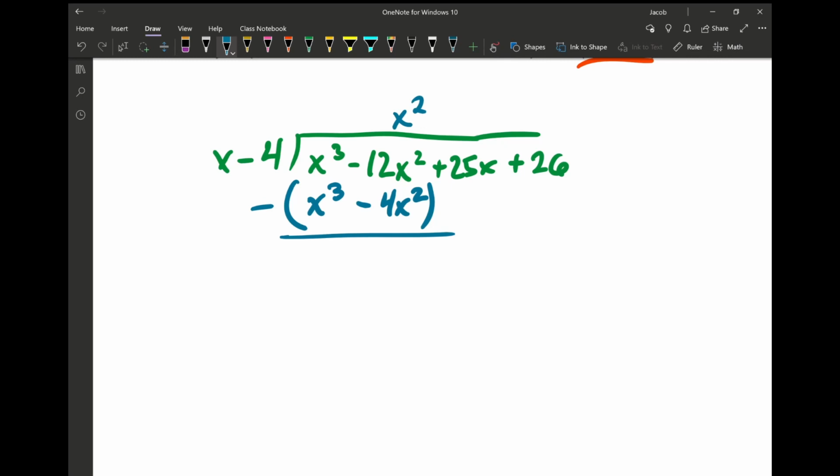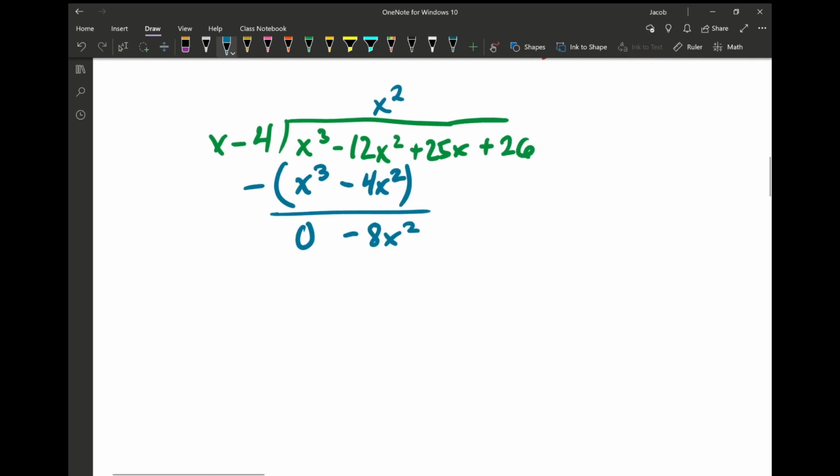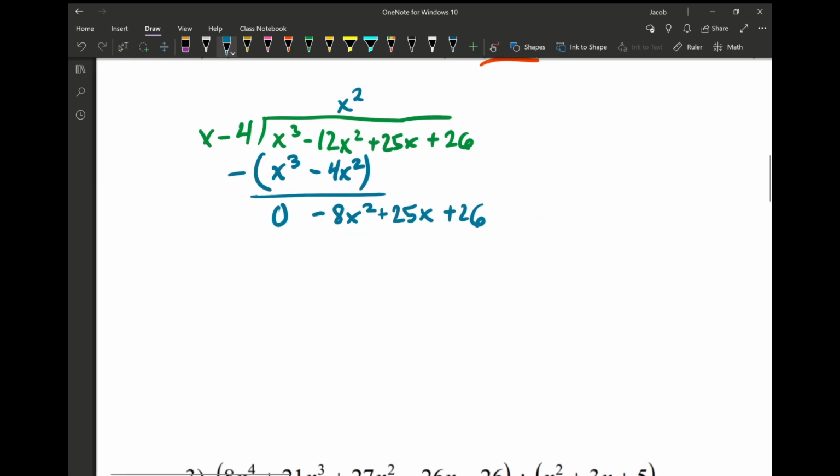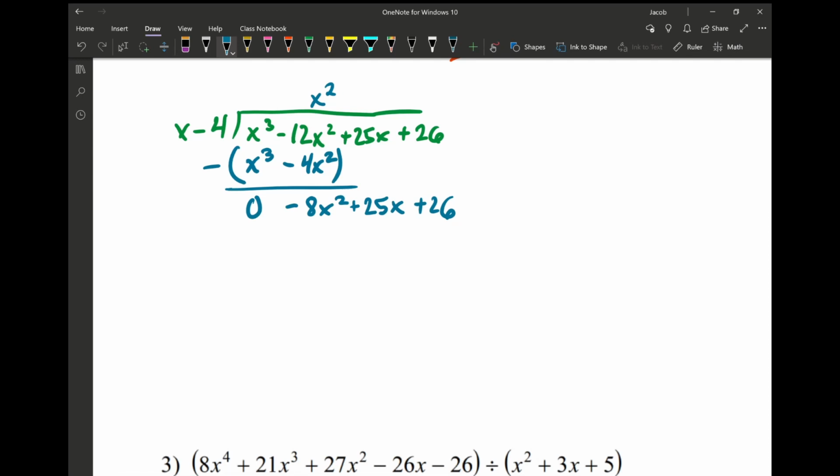So when I subtract, I get 0 and then minus 8x squared, and then the rest of my polynomial. And then I'll repeat the same process. So what do I multiply x by to get negative 8x squared? That would be negative 8x, and I'm keeping everything in line.